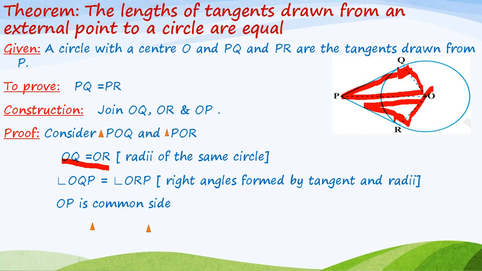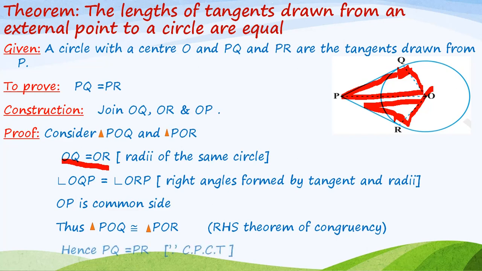So these two triangles are congruent by the RHS theorem. Therefore, the other corresponding parts are also equal. PQ and PR are equal because of CPCT, corresponding parts of congruent triangles.